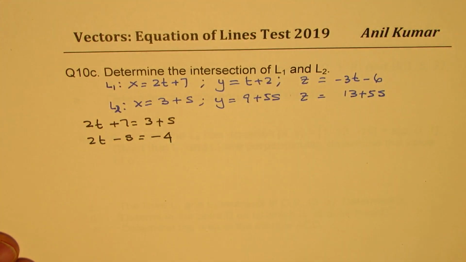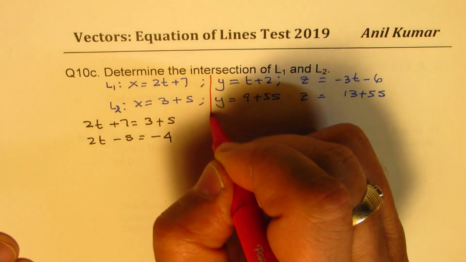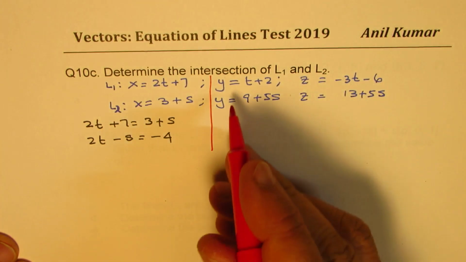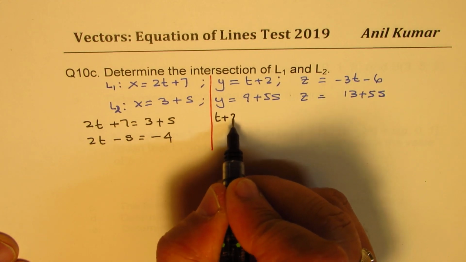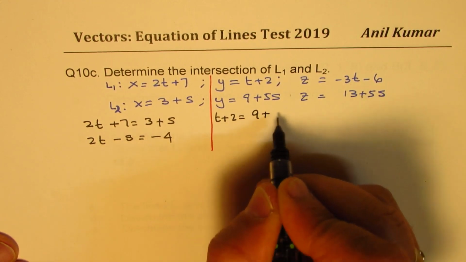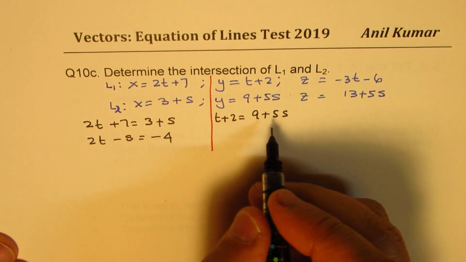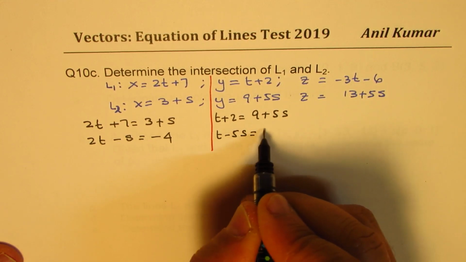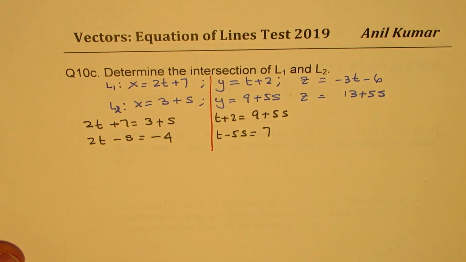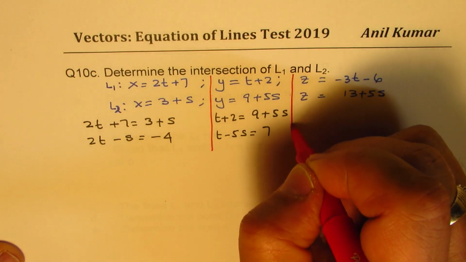This is from equating x values. Now let's equate y values. So we get t plus 2 equals 9 plus 5s, so t minus 5s equals 7. That is after equating the y values.